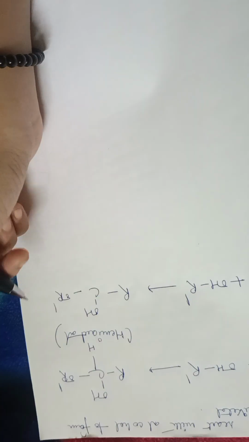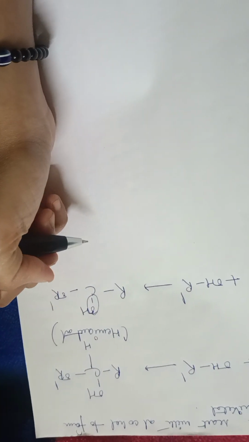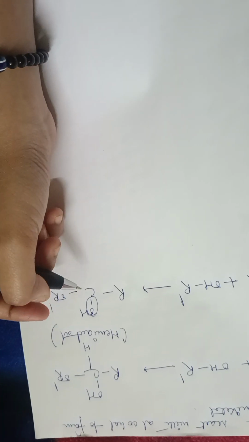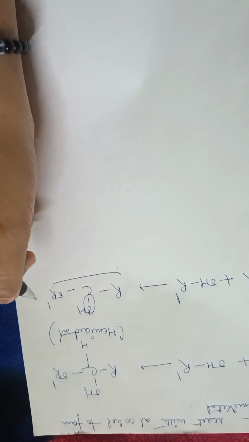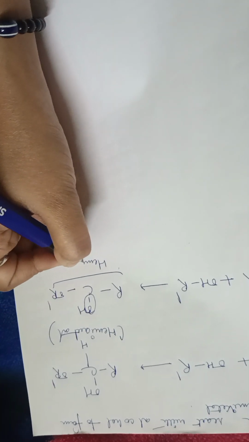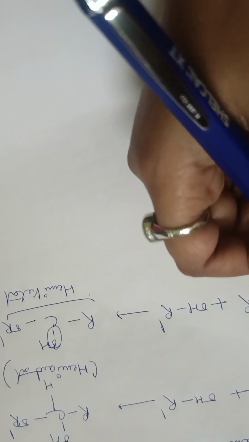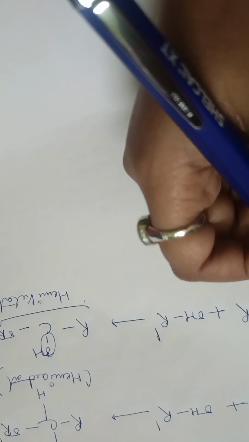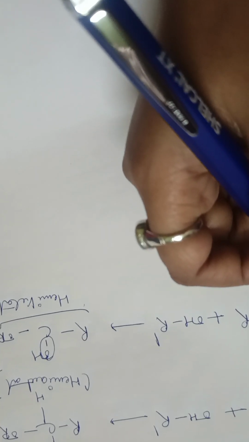This is hemiketal because this will take a double bond here. Now hemiacetal and hemiketal in sugar.